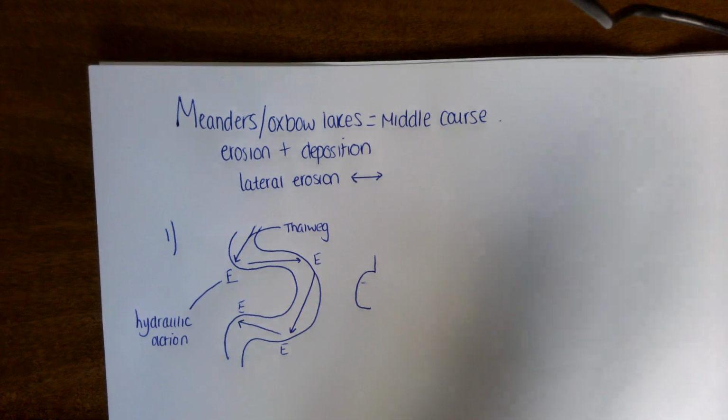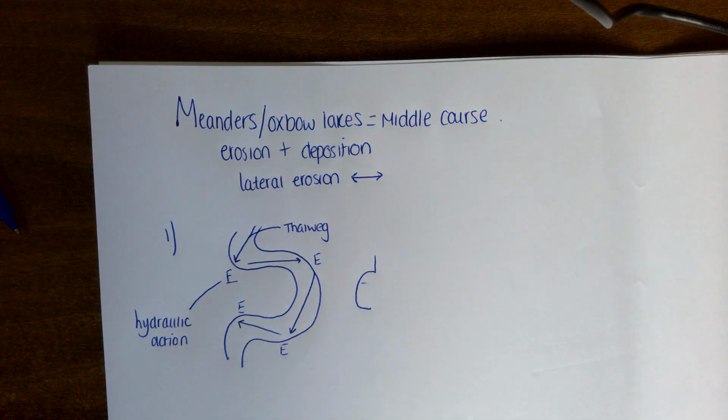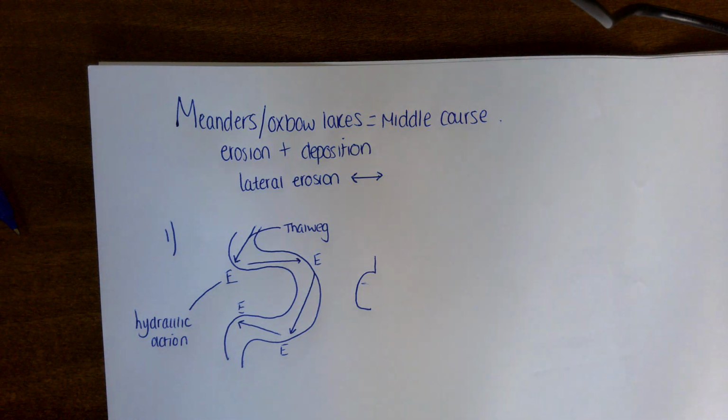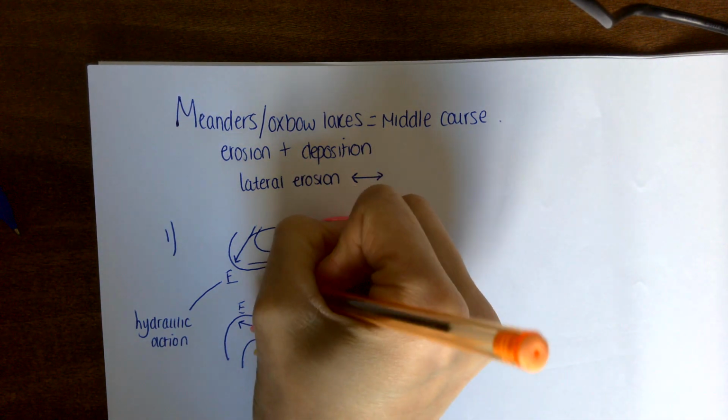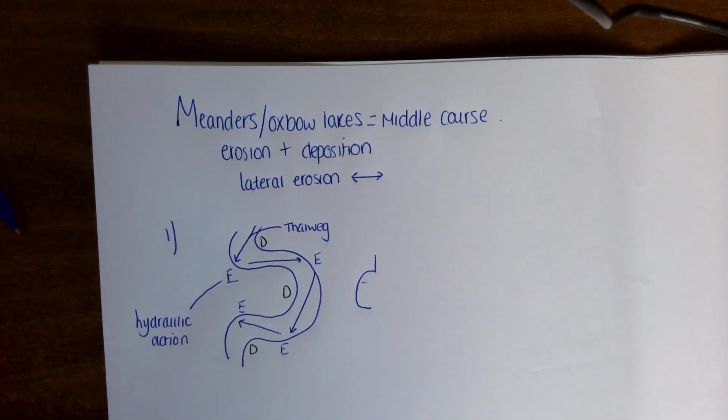Okay, you also have, and I'm going to use a different coloured pen, something happening on the inside of the bend. If you have not got the force of water and you've not got that energy, what tends to happen, remember, along the coast or along a river, is we find deposition. So we're going to write a little D for deposition here. We have deposition that happens on the inside bend.